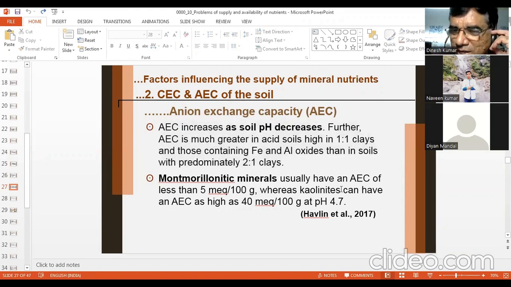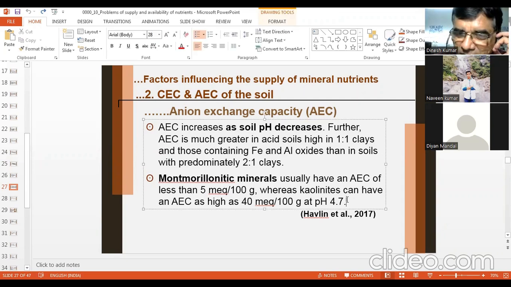Montmorillonite minerals usually have an AEC of less than 5 milliequivalent per 100 gram, whereas kaolinites can have an AEC as high as 40 milliequivalent per 100 gram. And regarding cation exchange capacity, I think it is reverse. Montmorillonite has higher cation exchange capacity than kaolinite, but kaolinite has more anion exchange capacity than montmorillonite.